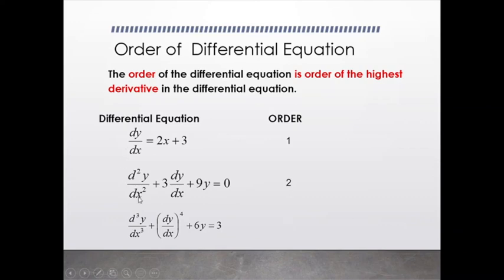And then for the third one, we have here the third derivative and the first derivative, then its order is 3, because the highest derivative is a third derivative. So for the order, all we need to do is find the highest ordered derivative.